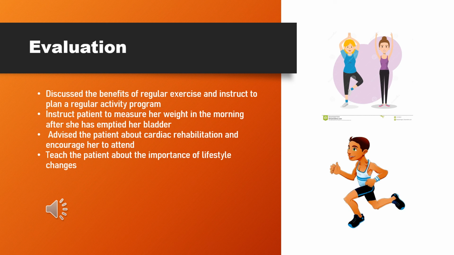Teach the patient about the importance of lifestyle changes, and that will include controlling her BP, reducing LDL cholesterol and sodium intake, avoiding smoking if necessary, maintaining a healthy weight and healthy diet, and restricting alcohol use to a safe level.